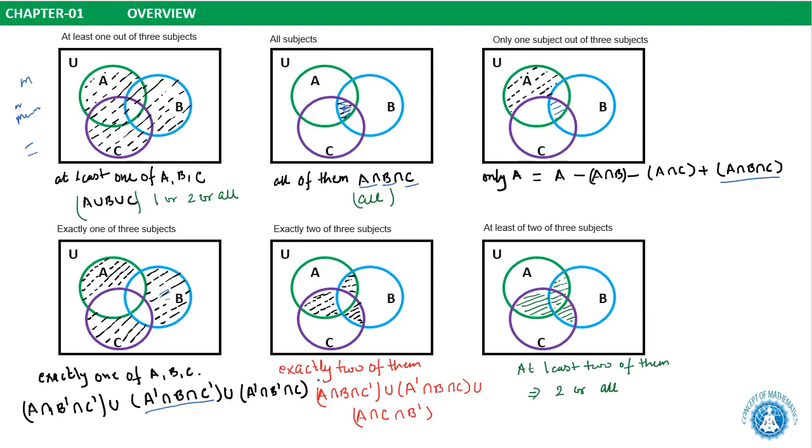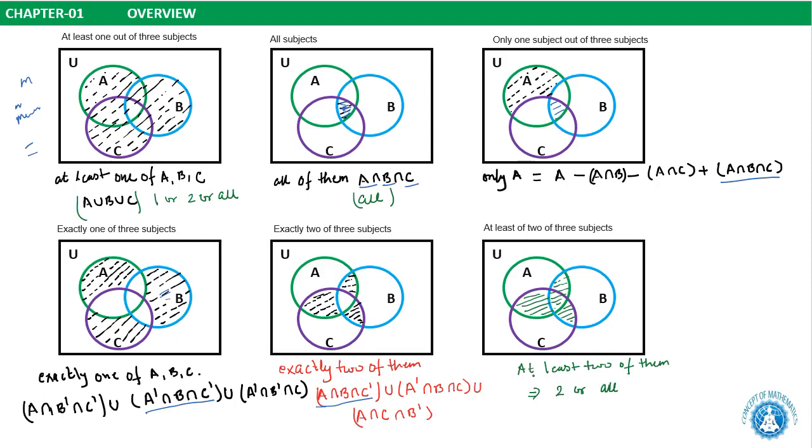Now coming to exactly two of them, that means exactly two of them happen at the same time. This can be represented by the union of A intersection B intersection C complement, A complement intersection B intersection C, and again union with A intersection C intersection B complement.